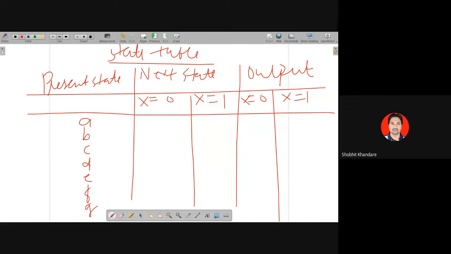Can you complete the table? Yes, sir. So please take only 1 minute and complete the table as early as possible, fast. Are you able to complete the table, everyone? Yes, sir. Please take 1 minute and complete the table fast.